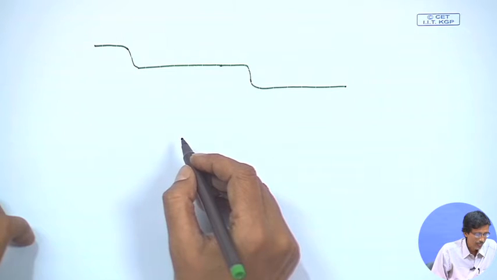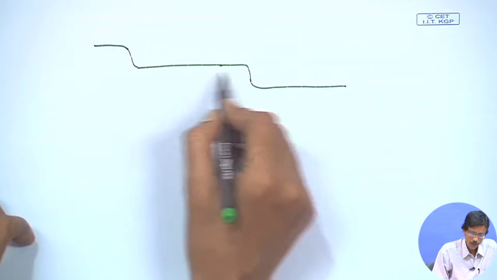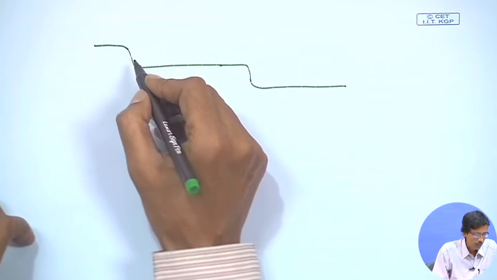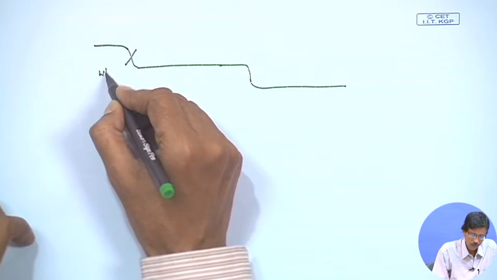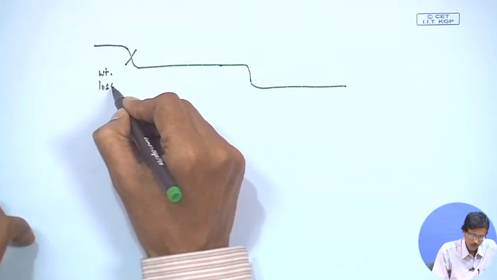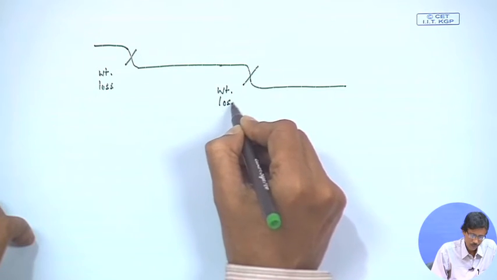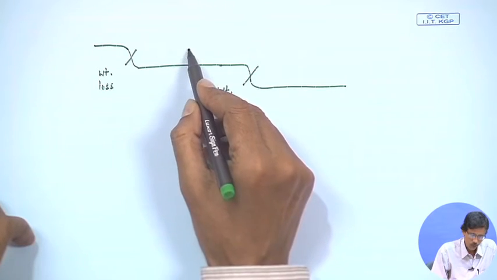So, we find that in a particular time, you have this particular slope of the corresponding inflection for a particular weight loss, and this is also your weight loss, and we get the corresponding temperature.